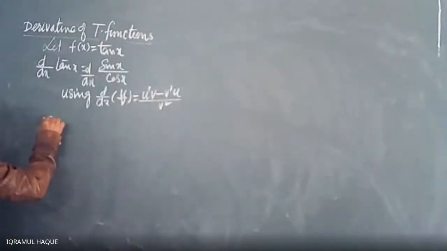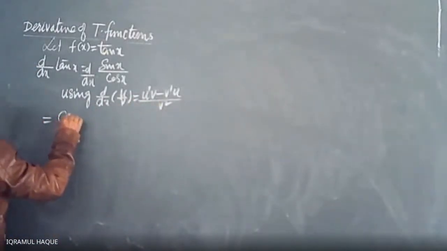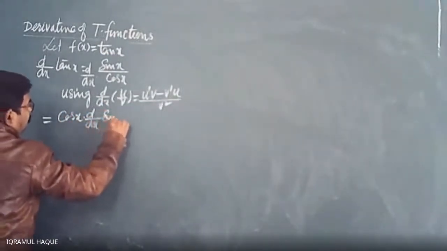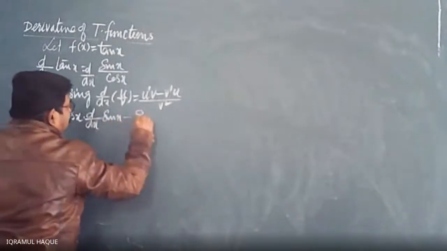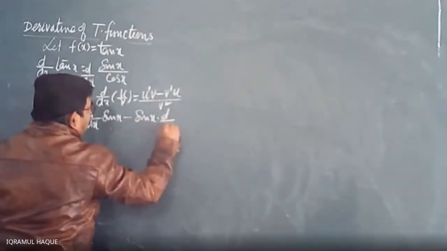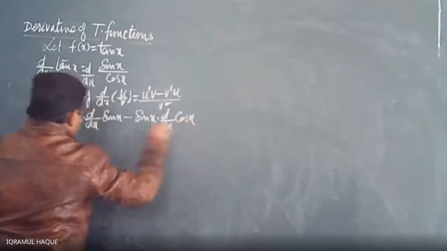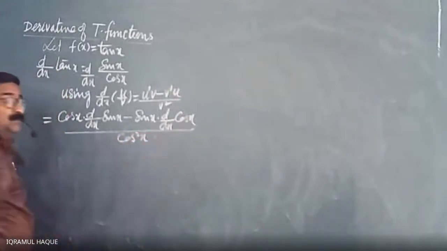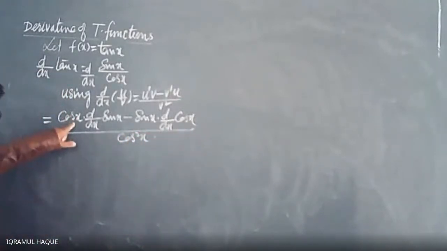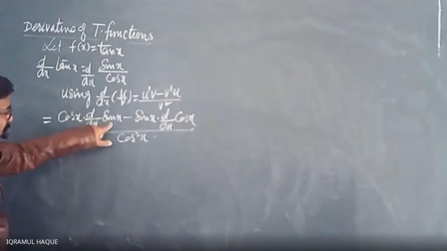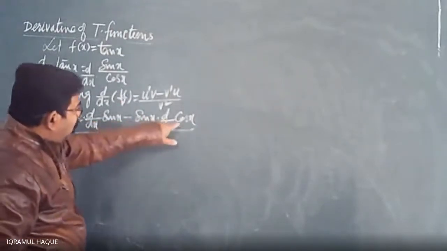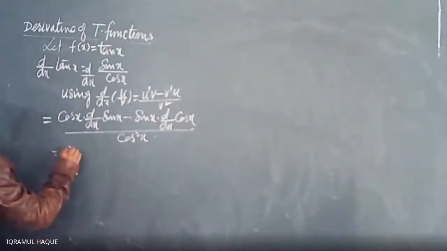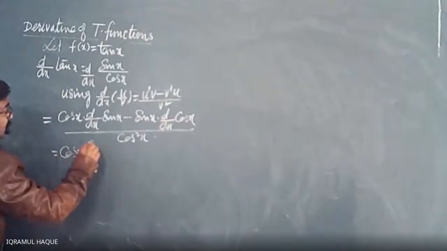So we have, see, I'm writing cos x d of dx of sin x minus sin x into d of dx of cos x upon cos square x, means denominator into derivative of numerator minus numerator into derivative of denominator. This is the quotient rule. See, we have cos x, derivative of sin x.